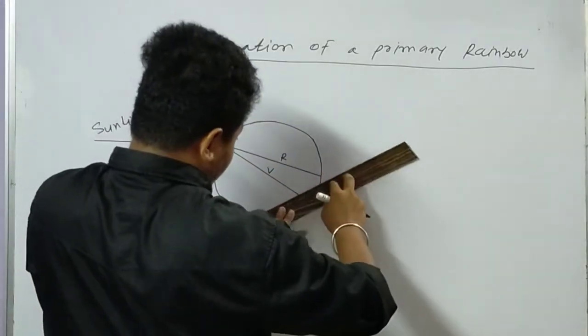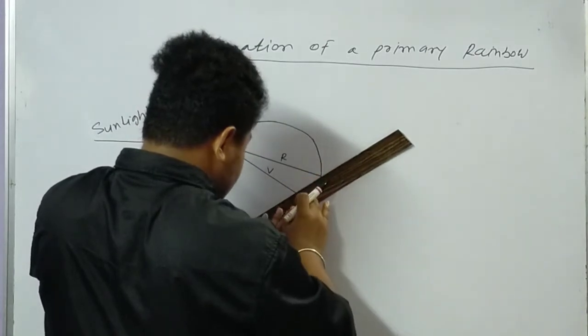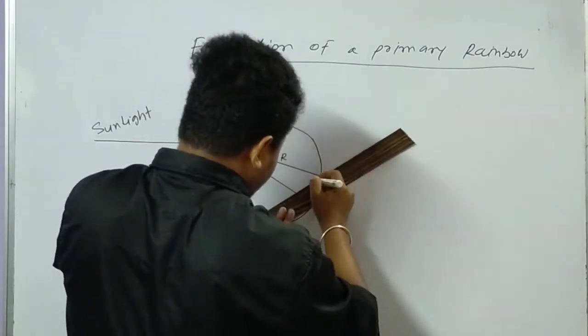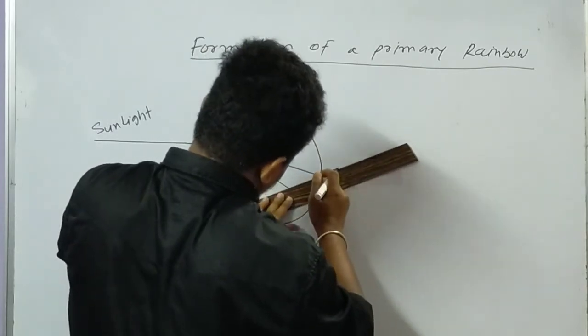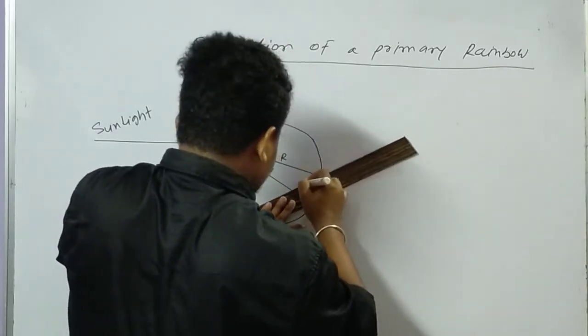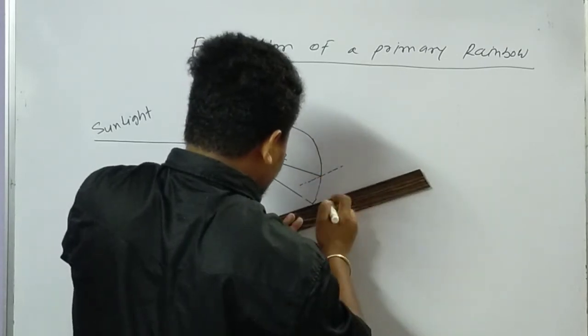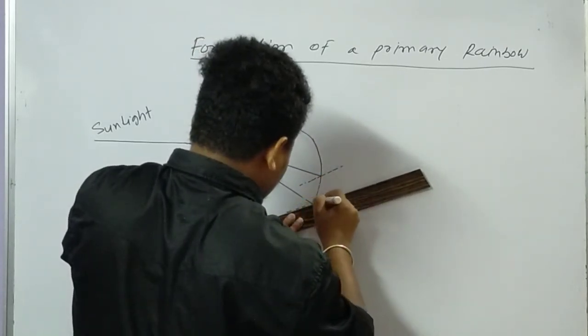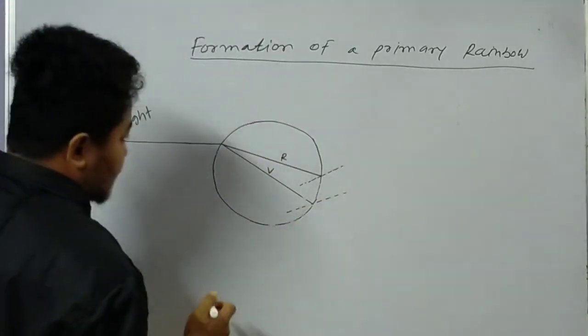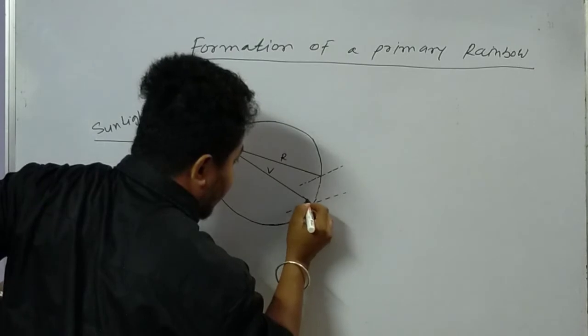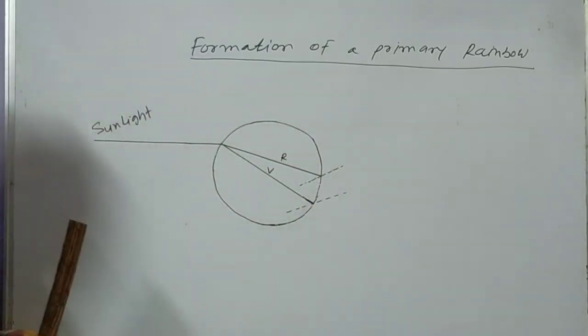Once this particular change happens, what will happen next? This ray will again reflect back. If I make this the normal, suppose somewhere this is the normal. If I draw this normal, and here also this is the normal. Most probably you have got why I have made a normal here. For a special case I have shown the normal.